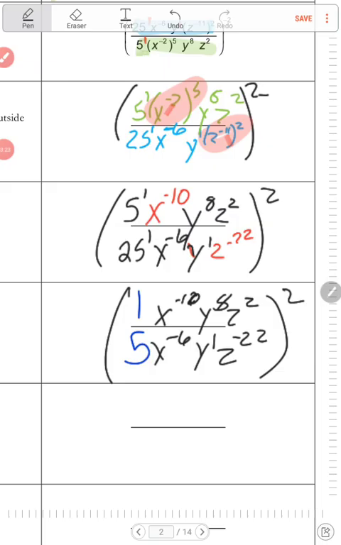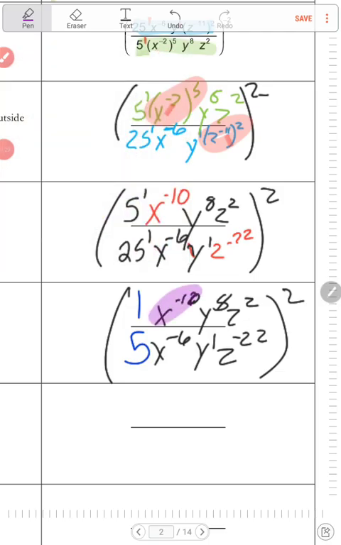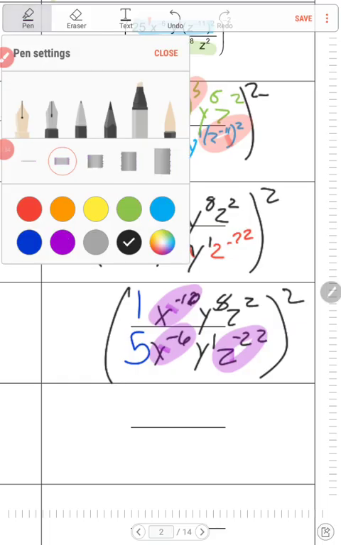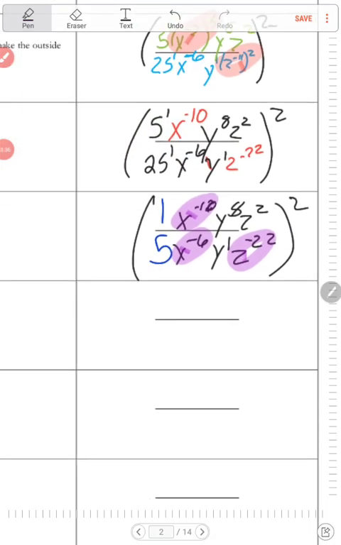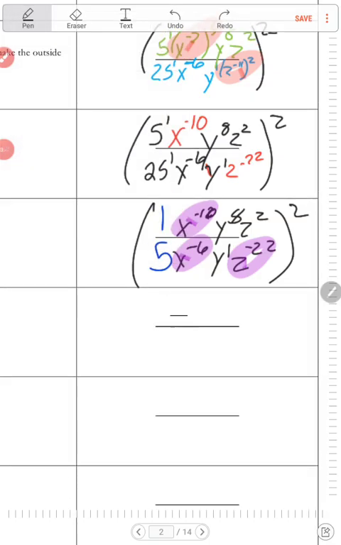So now we're going to move our negative exponents. Our negative exponents are right there, and right there. So 1 over 5.